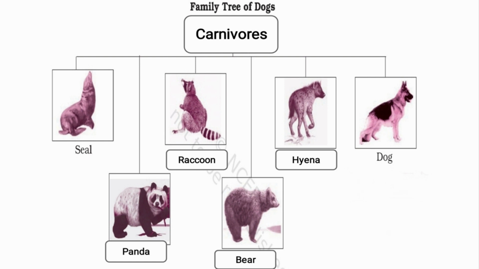Second, a raccoon. Third picture is of a hyena. Fourth, we have a dog. Fifth picture is of a panda. And the last picture is of a bear.